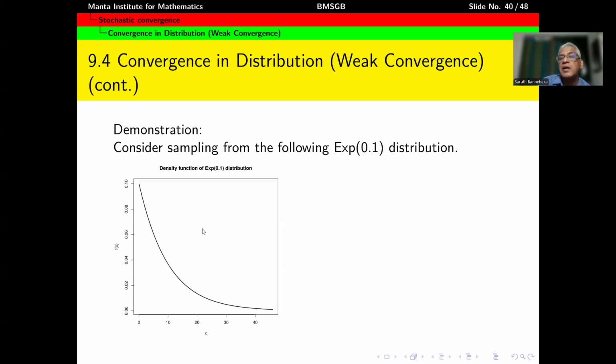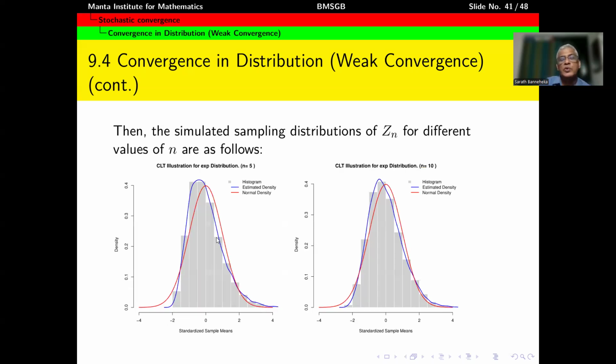So let us take a random sample of size 5 and consider X bar 5, and then standardize that quantity and look at the distribution, right? I'm showing you the histograms and the smooth density curves of those histograms in different situations.